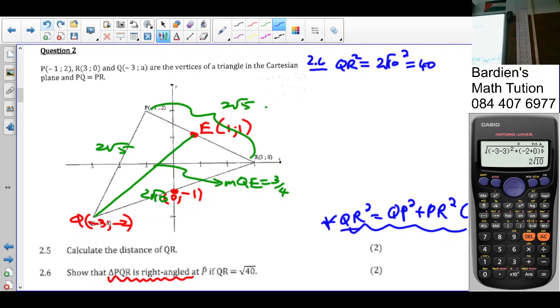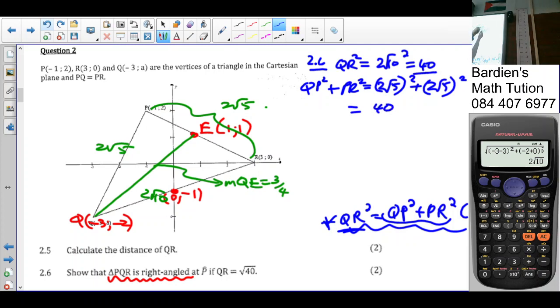Now let's look at the other side: QP squared plus PR squared is equal to 2 root 5 squared plus 2 root 5 squared, which is 4 times 5 is 20, plus 20 is 40. So you see that that is equal to that.